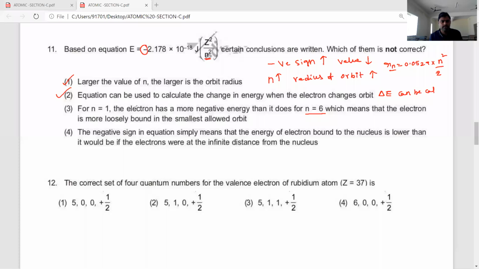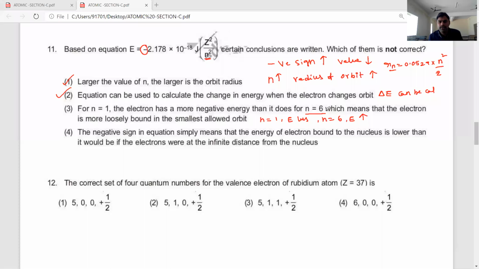See, n is equal to 1 means what? The n value is lower, so the energy is less when compared to n is equal to 6. For n is equal to 6, the energy is more.